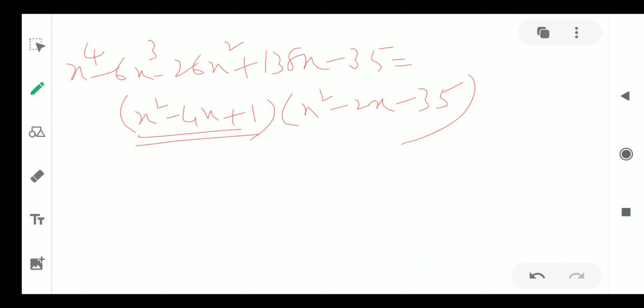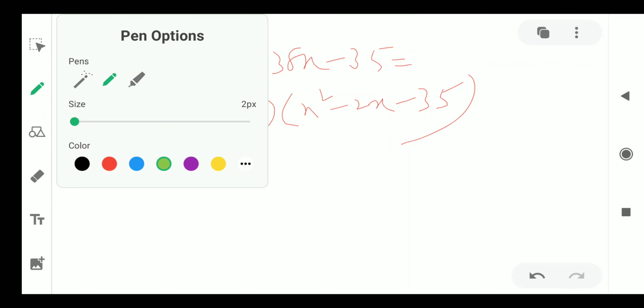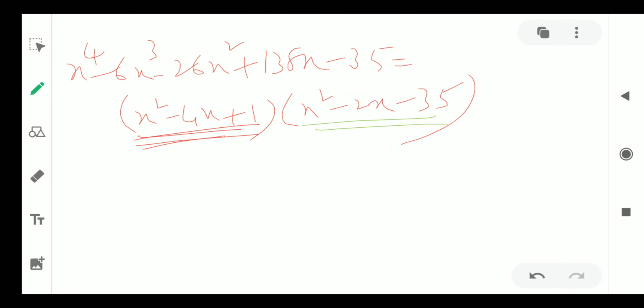Already we know these are the two zeros given, that is x minus 2 minus root 3 and x minus 2 plus root 3, two roots. Now the other two roots we are going to get if you split this one. If you split, we will get the other two roots.